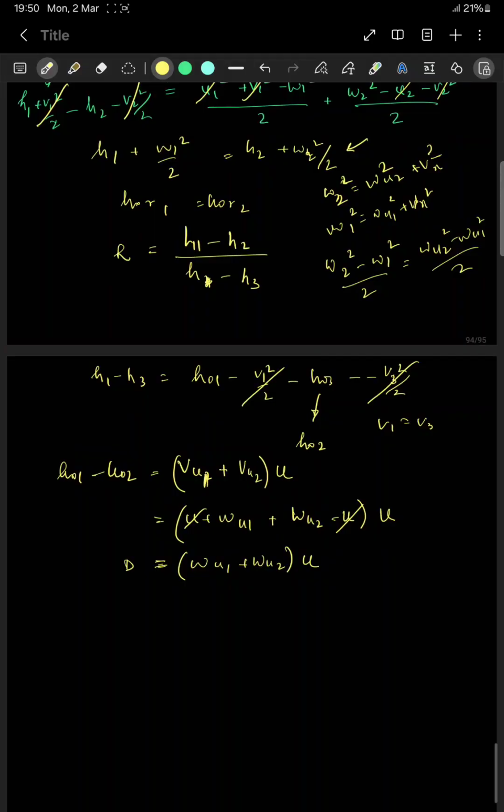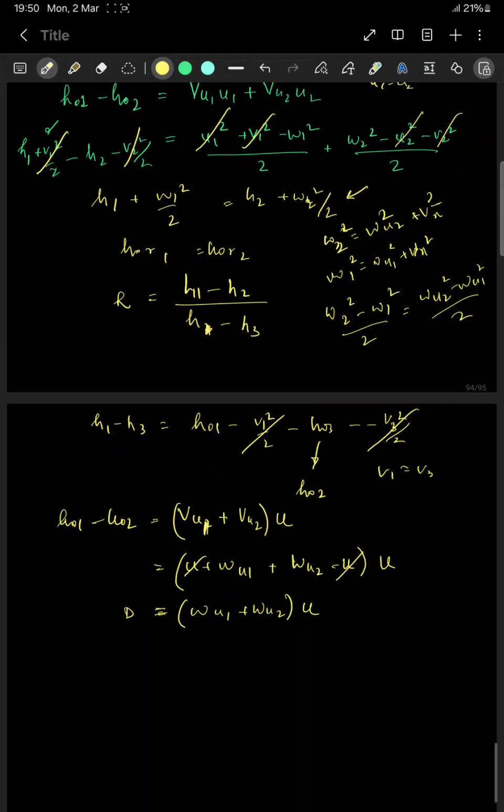So R is equal to wu2 square minus wu1 square by 2, and the denominator is wu1 plus wu2 into u.